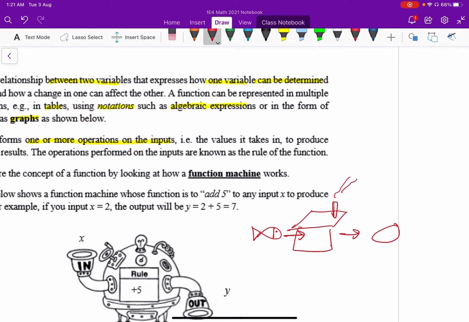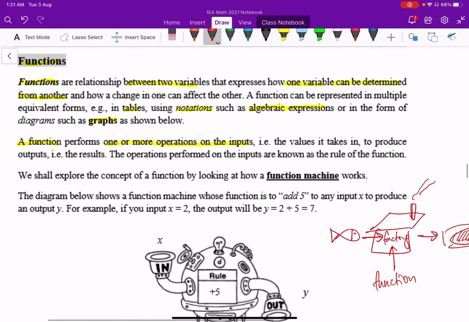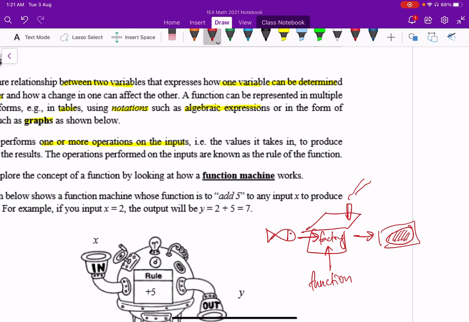When it comes out, it becomes a fish fillet in a packaging. So you put something in, it comes out as something else. This thing is called a function. It's like a factory. Whatever you put in comes out as something different. So in mathematics, we call this factory a function.